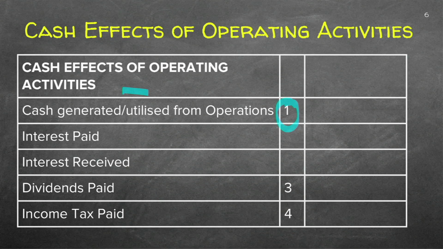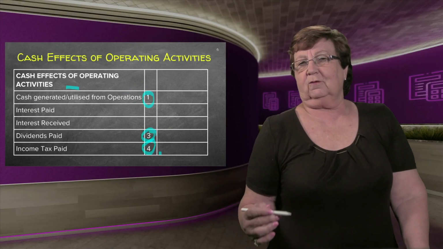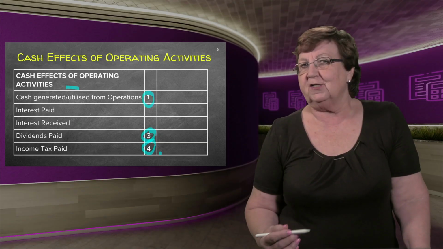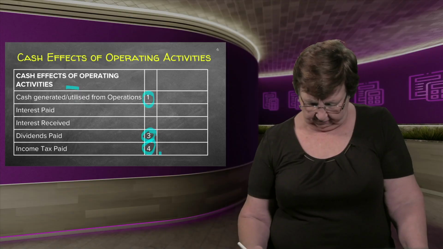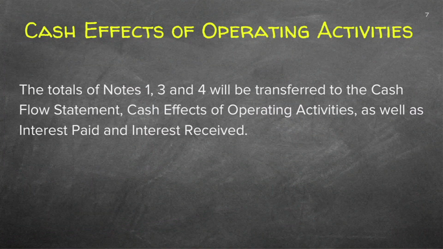We then have our interest paid and our interest received. Then we have our dividends from note number 3 and our income tax from note number 4. So it's quite a simple procedure. We're simply going to go to our notes and take the totals of note 1, 3, and 4, and place those into our cash flow statement. So note 1, 3, and 4 are going to be transferred.